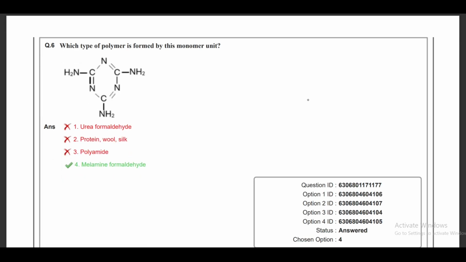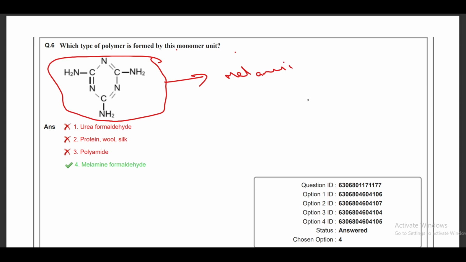In the next question, which type of polymer is formed by this monomer unit? You can see this is the structure of melamine. The options are urea formaldehyde resin, protein, and polyamide; these three options are incorrect.